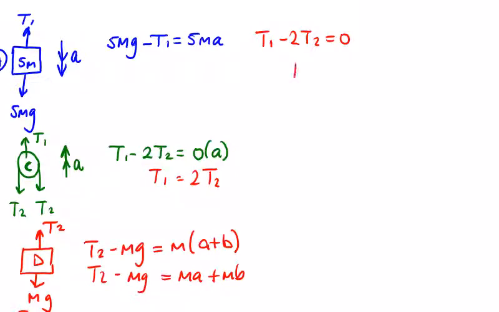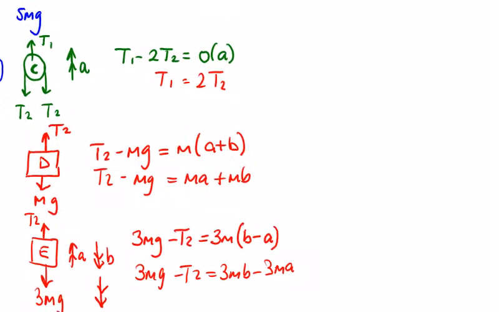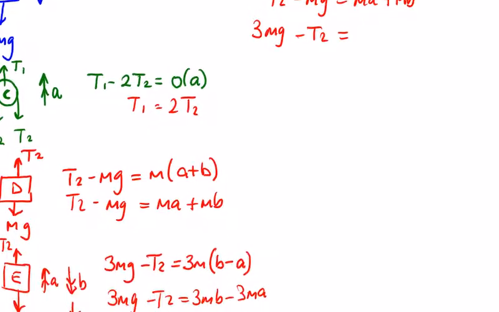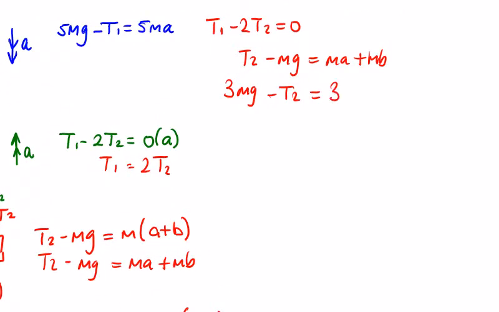I've got T2 minus mg is equal to ma plus mb. And 3mg minus T2 is equal to 3mb minus 3ma. So we want to solve for a and b.